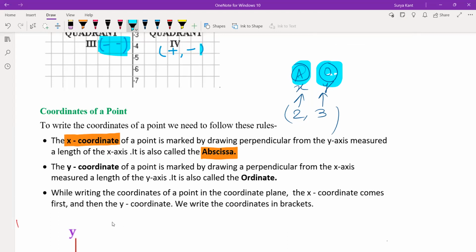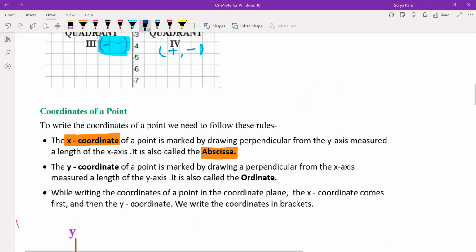So in the coordinate plane, what comes first? First the x coordinate, then the y coordinate. We write the coordinates in brackets. So minus 2, 3: this is the abscissa, this is the ordinate. We write them in brackets.